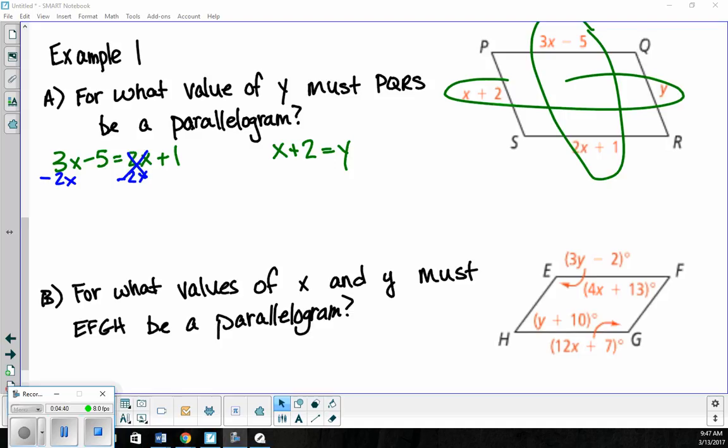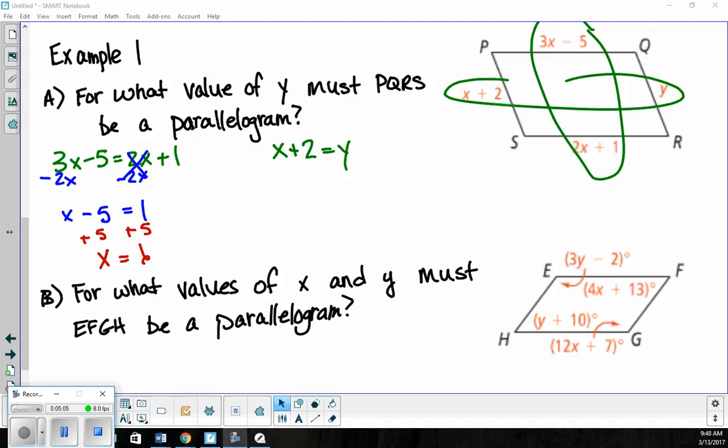We have 3x subtract 2x, which is 1x, minus 5 equals 1. Since the x is on the left, we want the numbers on the right, so I'm going to add 5 to both sides. So x equals 6.